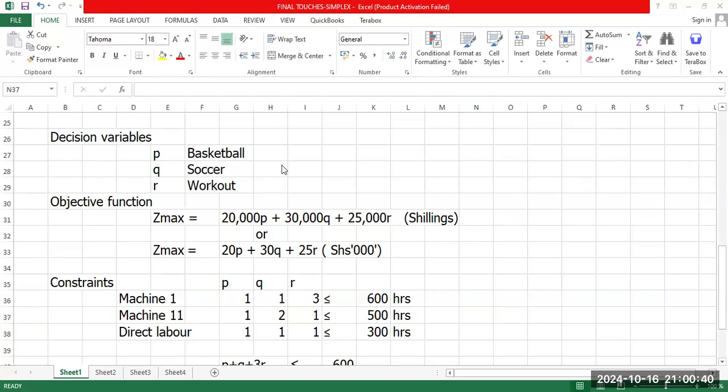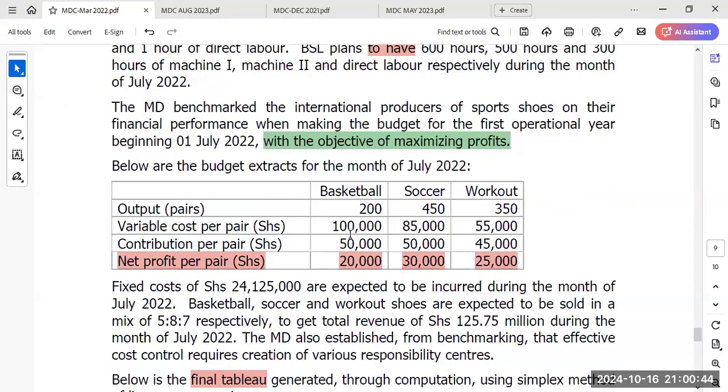Let me go back to the question and see what you're trying to say. You again repeat the question. I thought when coming up with the maximization equation, we would get the 20,000 under basketball times the 200.